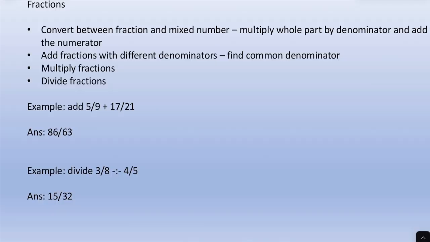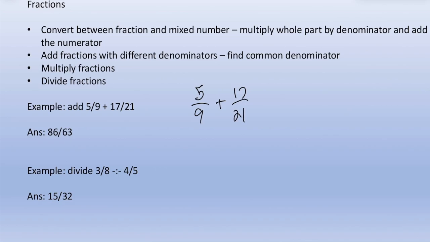Now let's talk about adding fractions. I do not write them like you see here. Now you should have a fraction button, and I'll show you how to do it on decimals, because I'm pretty sure most of your tests you'll be able to do on decimals. So 5/9 plus 17/21. First thing we need to do is find the least common multiple of 9 and 21. That would be 63.